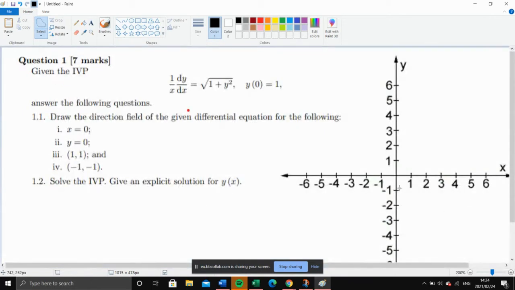Okay, so this is the setup, where you would have to draw a pair of axes on a Cartesian plane. The one thing I do want to stress is that I'm doing everything on a computer because I don't have a tablet to show it to you in my handwriting.